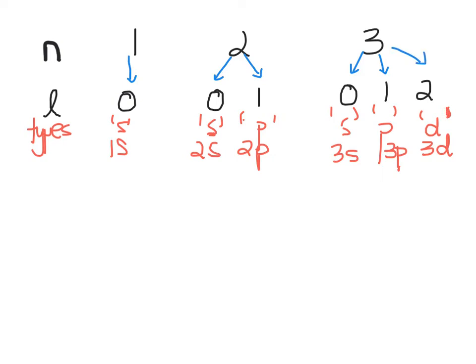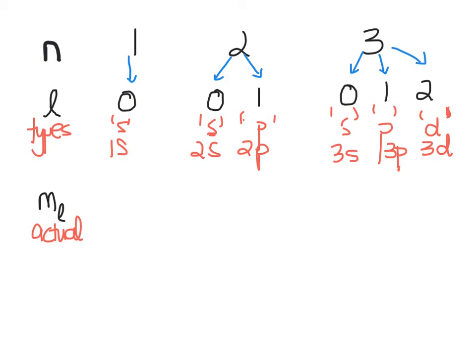The third quantum number is the magnetic quantum number, the ml value. And this actually gives you the actual number of orbitals.